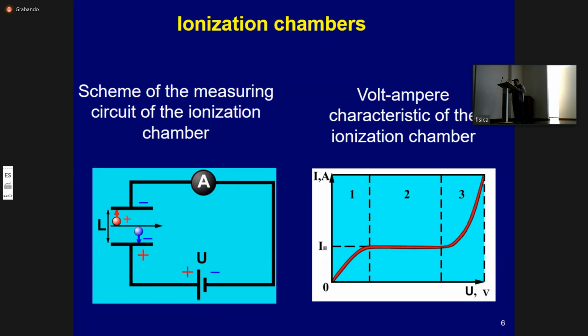In such chambers, the saturation current is proportional to the radiation dose rate, and the total amount of electricity generated over a certain time is proportional to the radiation dose during the same time. This determines the dosimetric application of ionization chambers.